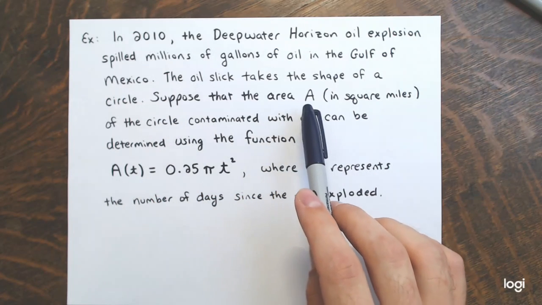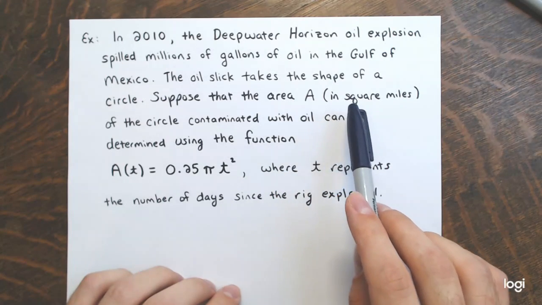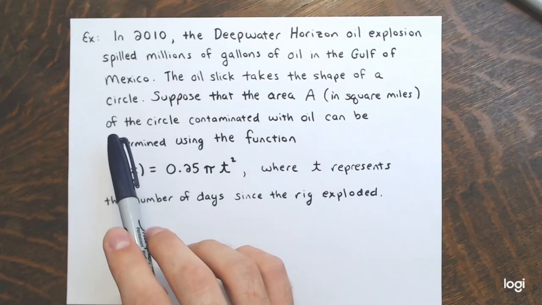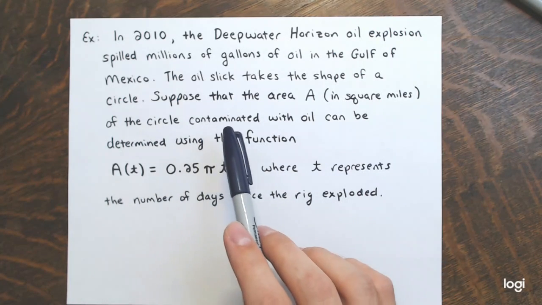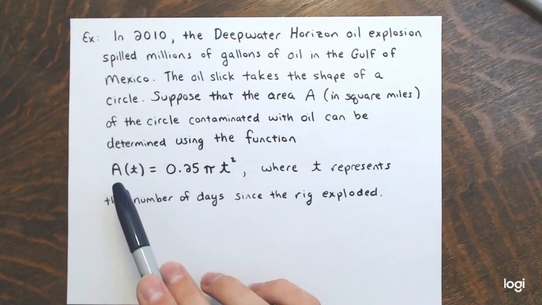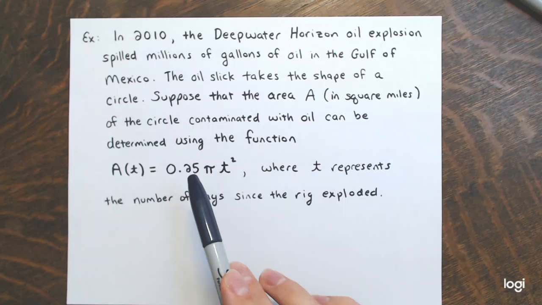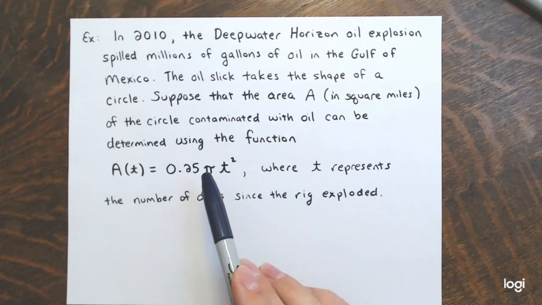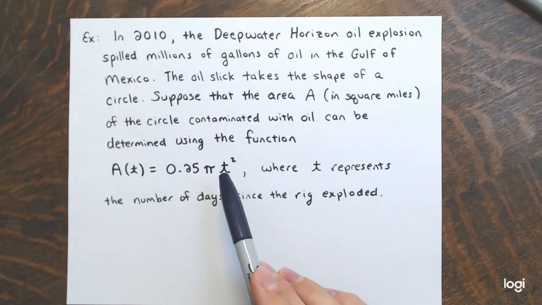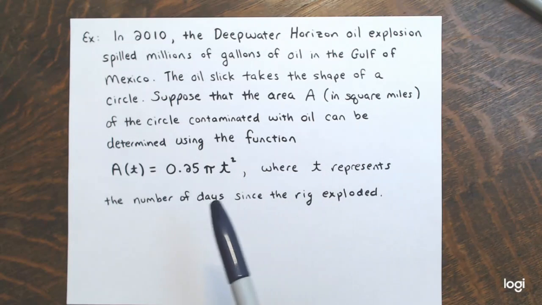Suppose that the area A of the circle contaminated with oil, in square miles, can be determined using the following function, where A of t equals 0.25, or 1/4, times pi, that's 3.14159, times the variable t squared, where t represents the number of days since the rig exploded.